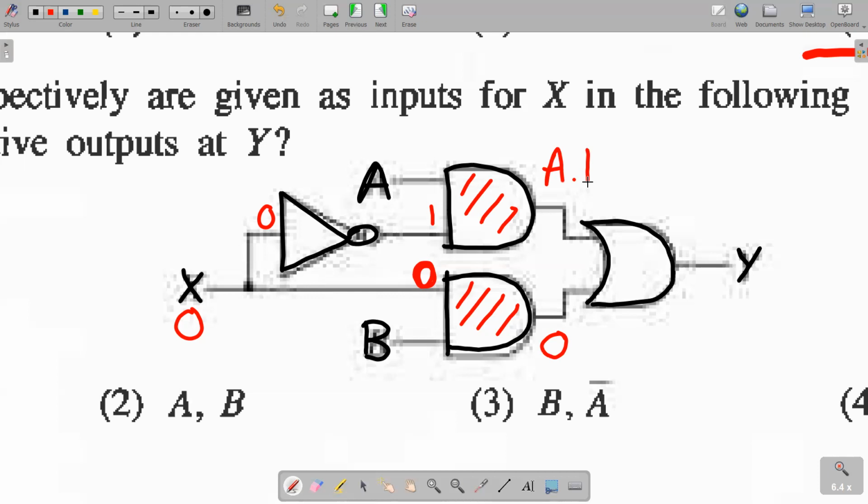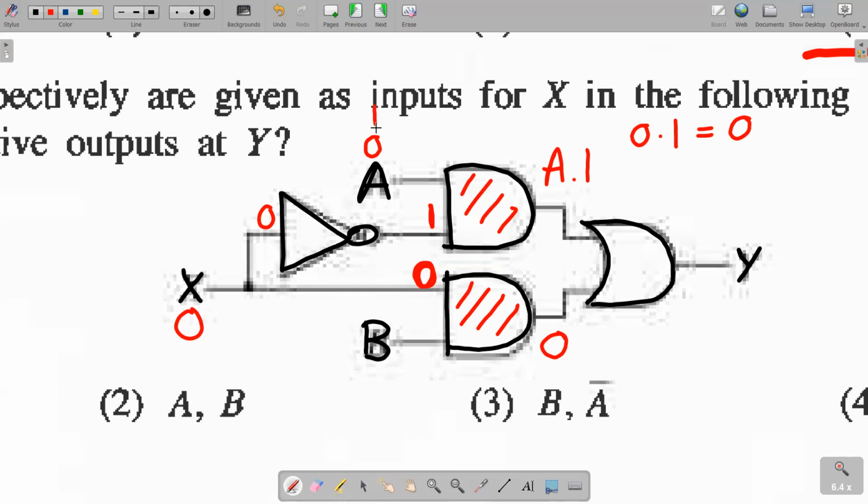So if A is 0, then 1 comes from here. 0 dot 1, when it does the AND operation, is going to give you a 0.